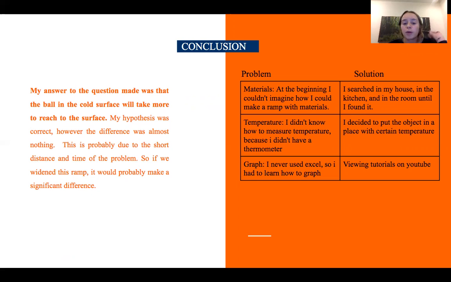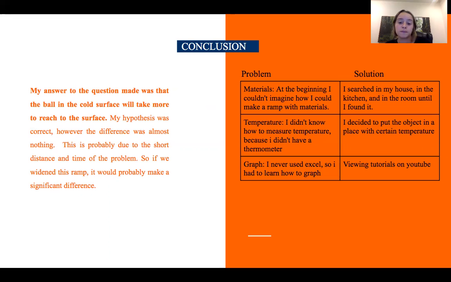I had a lot of problems in my experiments and I figured out solutions. So I will tell you my problems. First was the materials. At the beginning, I couldn't imagine how I could make a ramp and an inclined plane with the materials. And then I searched all over my house and I figured out that there were a lot of materials.